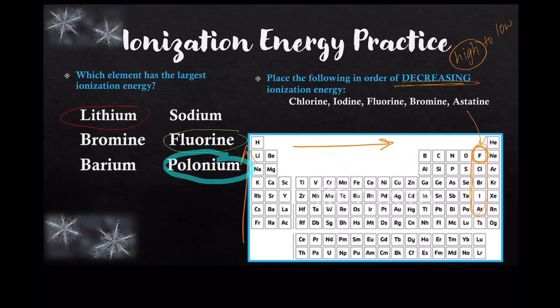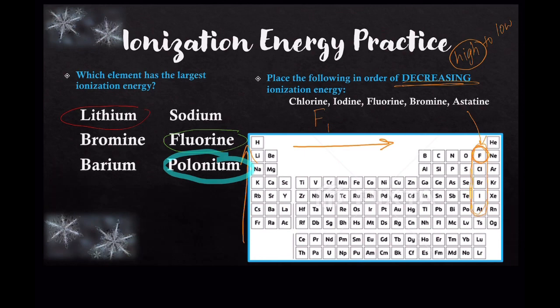But the better explanation as to why the ionization energy of fluorine is the greatest is due to the fact that its valence electrons are closer in proximity to its nucleus. The positive attractive force of the nucleus allows it to exert a greater force of attraction on its valence electrons, making it more difficult to remove an electron.